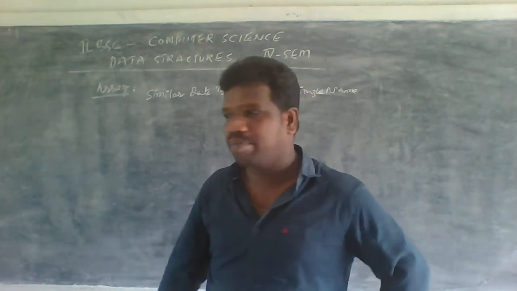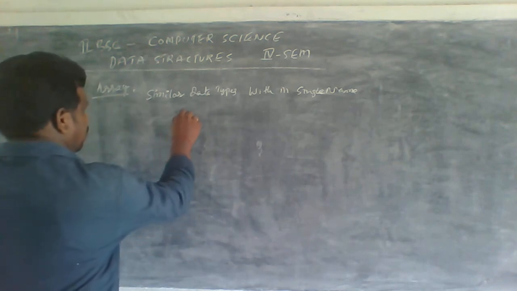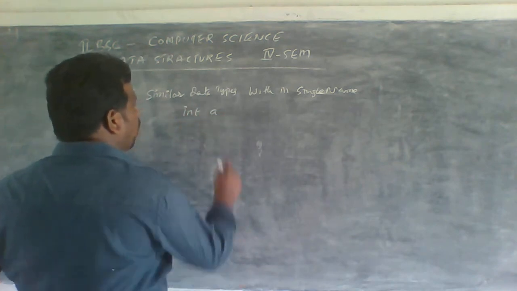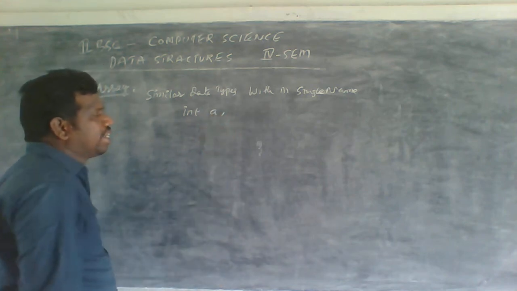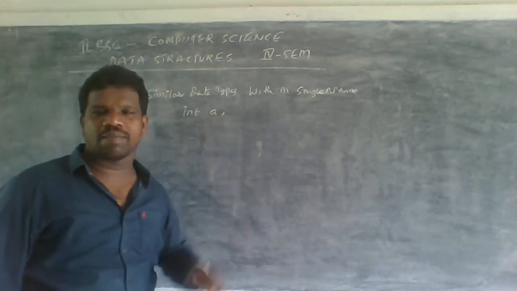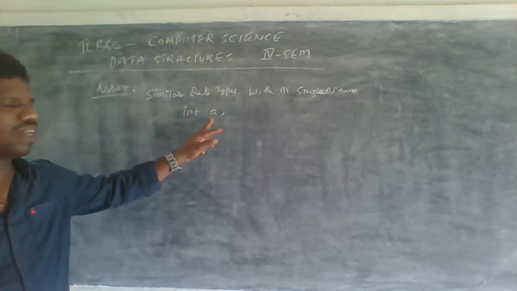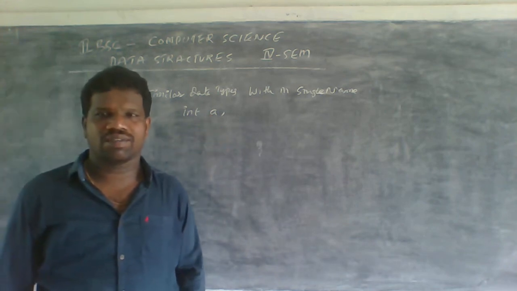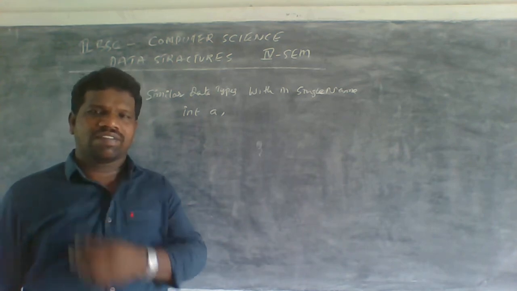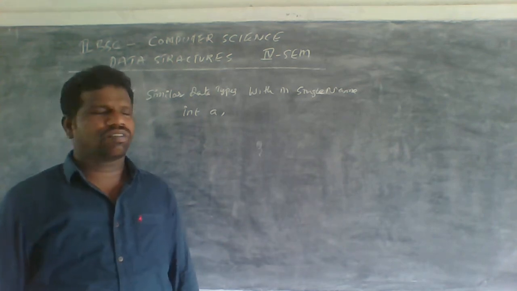For example, take int a. Here int is the data type and a is the variable. This is a normal variable, and it can store only a single integer value.